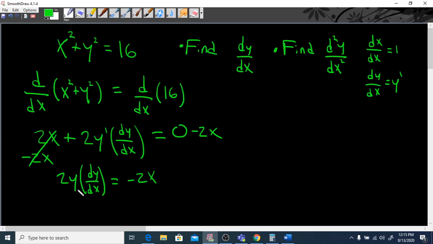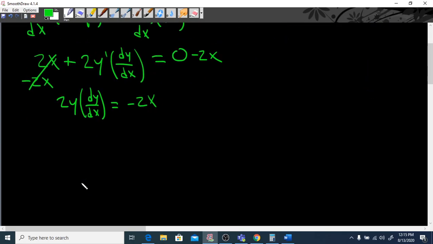Now just divide both sides by 2y, and boom, we get dy/dx equals negative x over y.